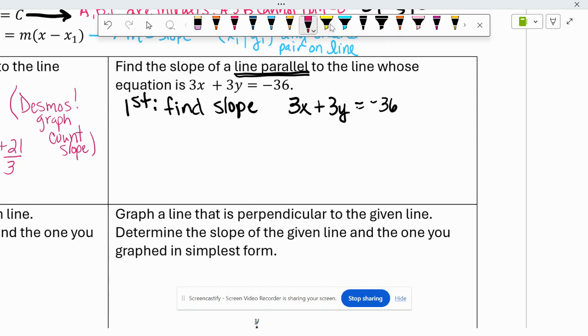What do you want to do first, Ashton? Yeah, subtract 3x from both sides. Sounds good. Subtract 3x, subtract 3x. Notice that when I do that, I put the x term first on the right side. I just write negative 3x minus 36.